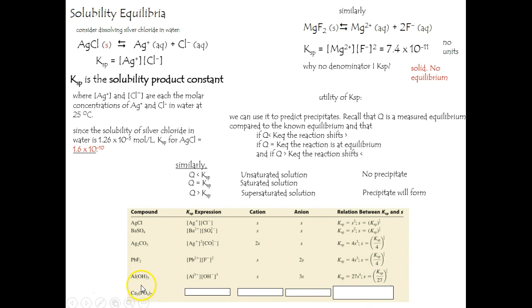And finally, a 5-fold system. Go ahead and fill in these rows, or at least just think about it as I do it and see if you get the same answer. Let's see, it must be equal to the concentration of the calcium ion cubed times the phosphate ion squared. Yep. We can call this 3s, and we can call that 2s. That wasn't too hard.